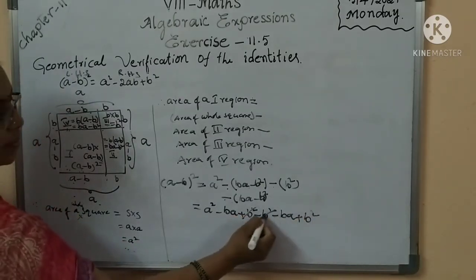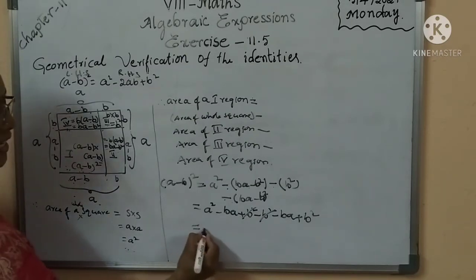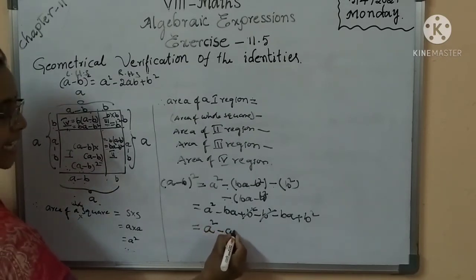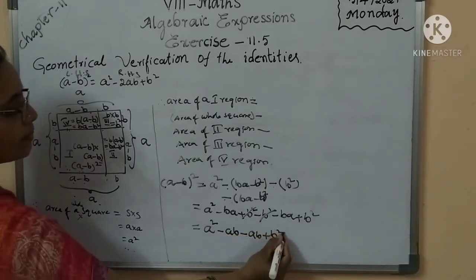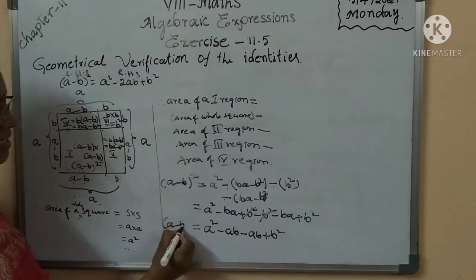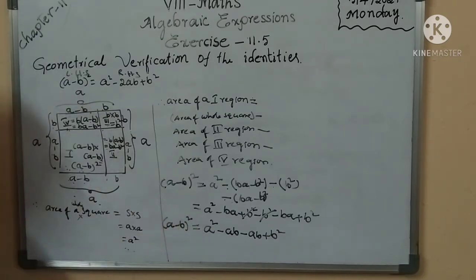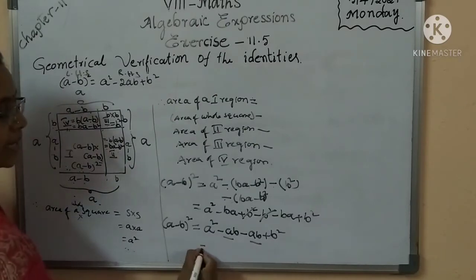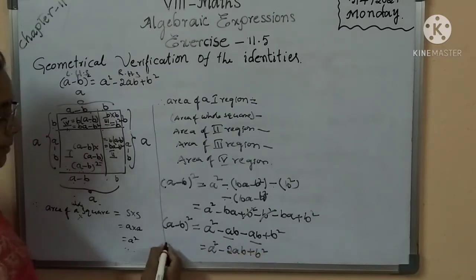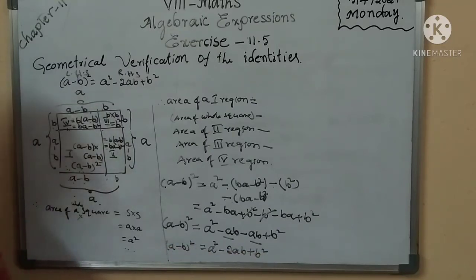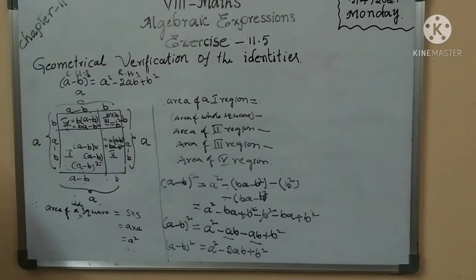We know that plus b square and minus b square cancel. Remaining is a square minus ab minus ab plus b square. So (a minus b) whole square equals a square minus 2ab plus b square. We prove that LHS equals RHS.